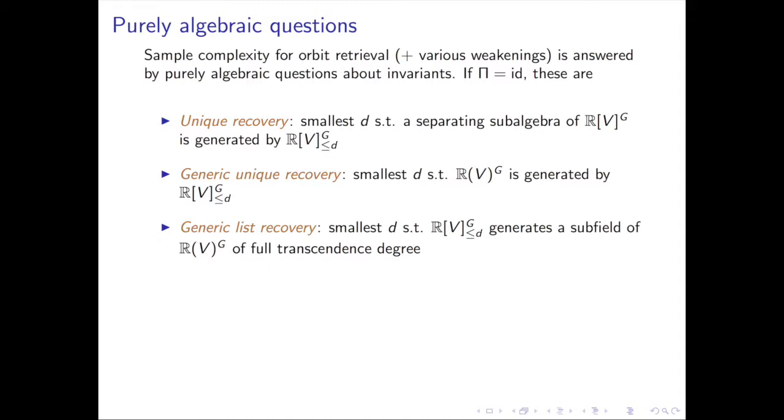Then what you're asking for is that the degree d invariants generate what's called a separating subalgebra of the invariant ring. So you're asking for something like ring generation of the invariant ring.